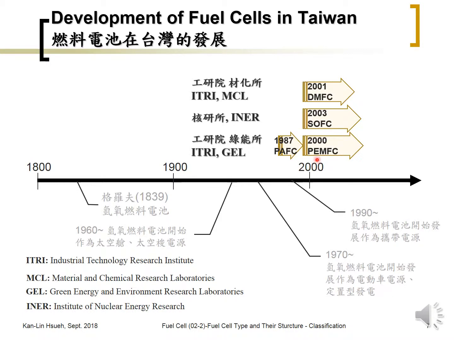In the year 2000, they switched to PEMFC and have developed it since then. For solid oxide fuel cells, the Institute of Nuclear Energy Research focuses on solid oxide development. And the Material and Chemical Research Laboratory focuses on the direct methanol fuel cell.